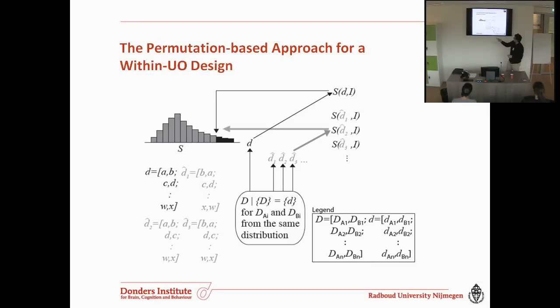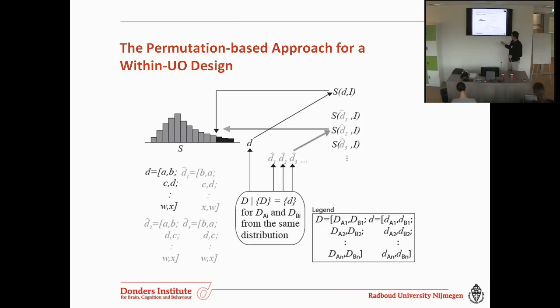Very quickly, for a within unit of observation design, it works the same, except that now the permutation is not achieved by swapping the condition A and condition B observations without respecting any structure. Here, in a within unit of observation design, we have the structure that every subject is observed in two conditions, and we have to respect that structure in our permutation procedure.